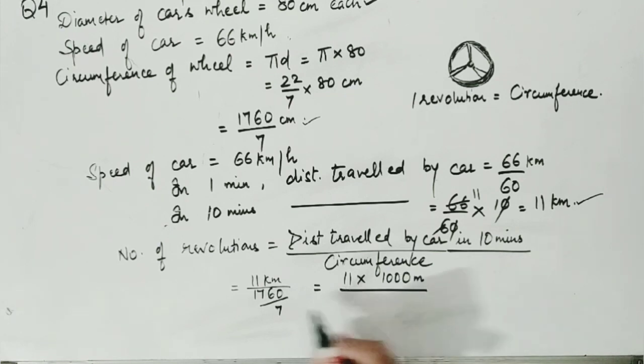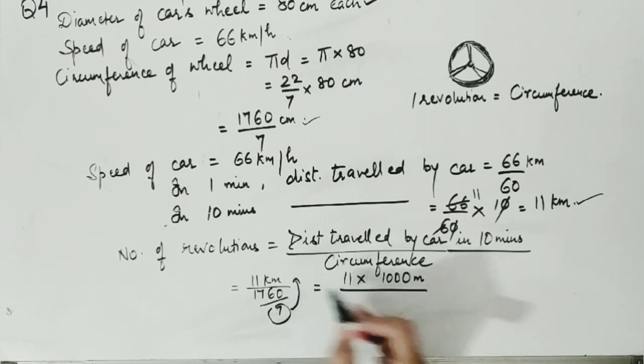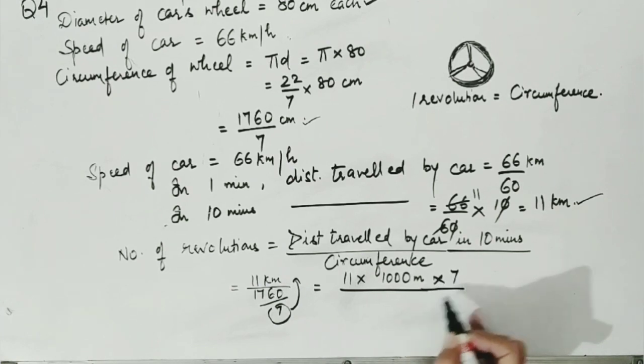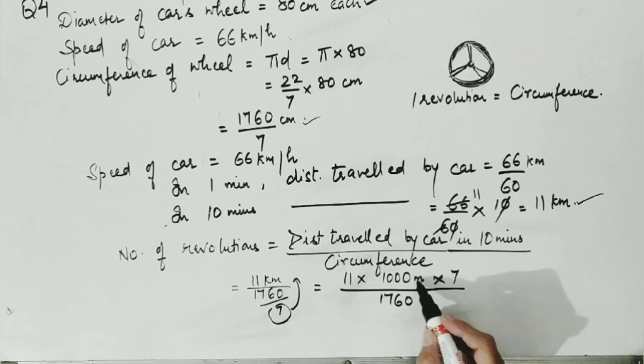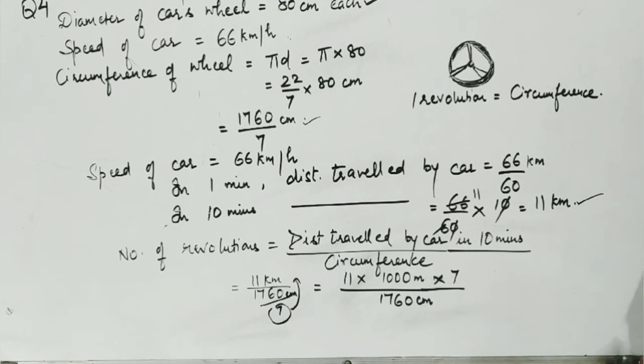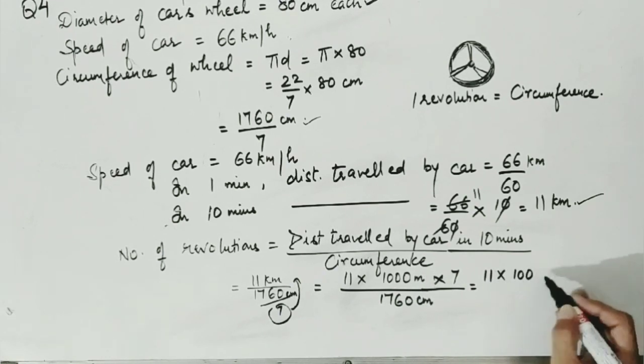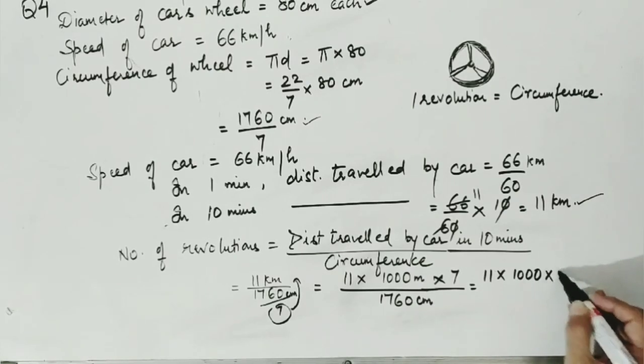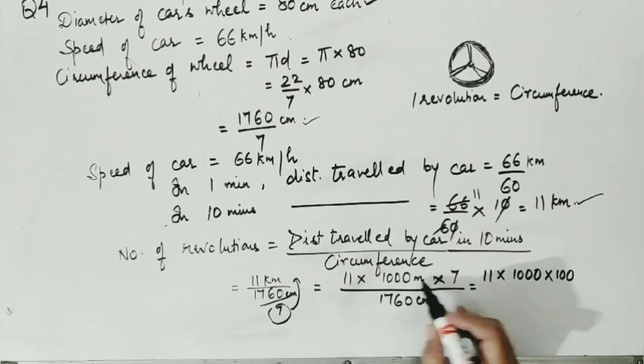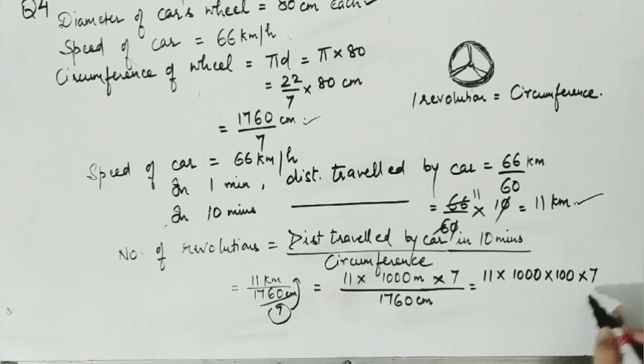Okay, this 7 denominator goes in the numerator upon 1760. Now this is in meters, this was in centimeters. Units must be the same. So what should we do? 1000 and one more 100 because 1 meter has 100 centimeters.